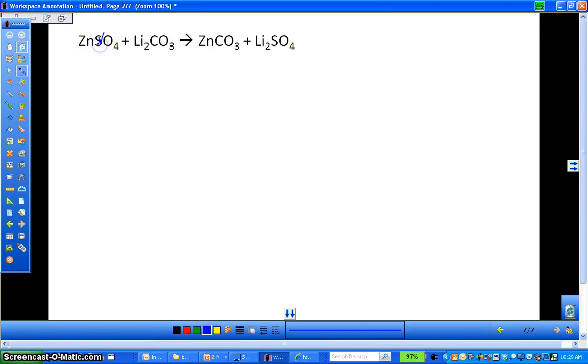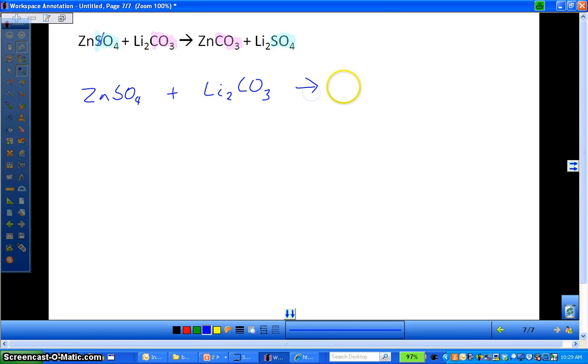Okay, so we've got a sulfate on each side, and we've got a carbonate on each side. So let's write it out nice and big. Very important to write it out correctly. This is my second take.